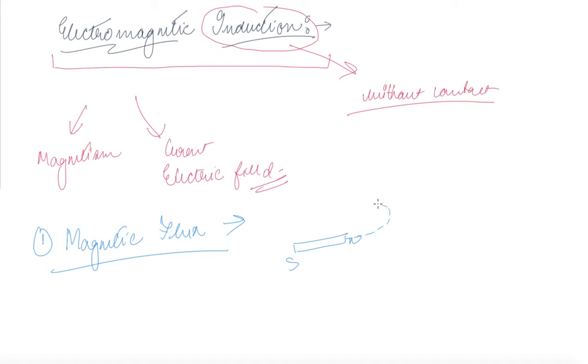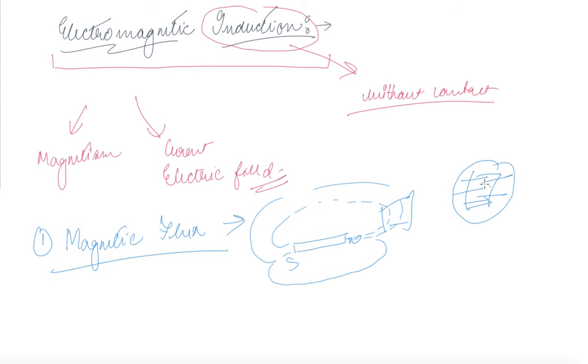So, magnetic field lines will go somewhere over here because magnets always exist in dipoles. So, if you keep a surface over here, the total magnetic field lines that pass through this particular surface is known as magnetic flux.